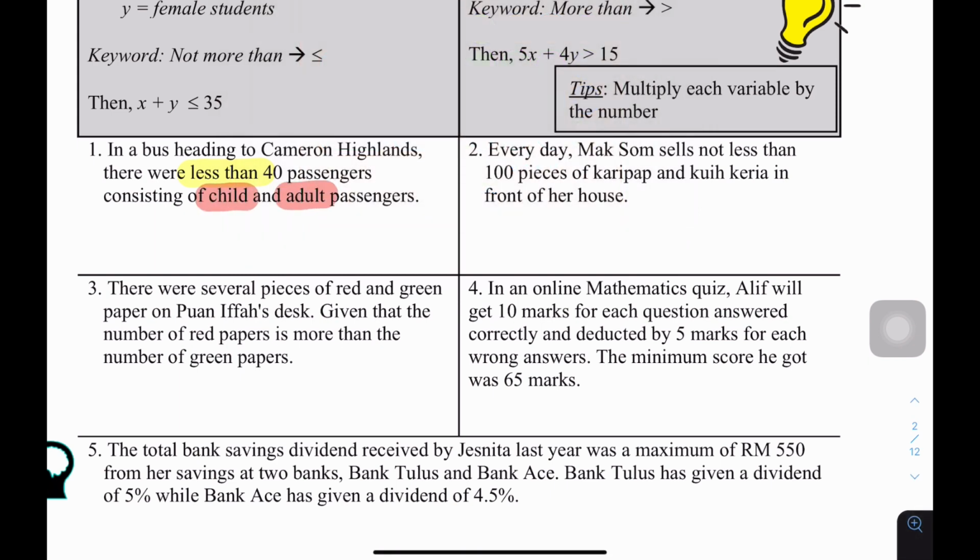So apa yang kita boleh buat? Kita boleh labelkan, for example, child is X, adult is Y. So we can say that X plus Y, child plus adult, is less than 40, kurang daripada 40. Boleh?